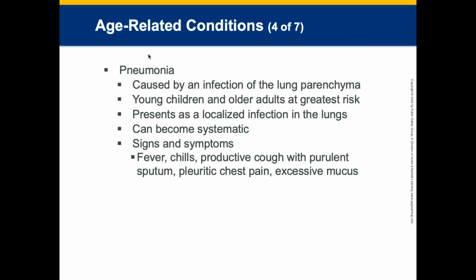Signs and symptoms would include acute onset of fever and chills, productive cough with sputum, pleuritic chest pain, and excessive mucus causing pulmonary consolidation. With that being said, patients with pneumonia with low SpO2 might benefit from CPAP, right, to help them bring that oxygen level back up.